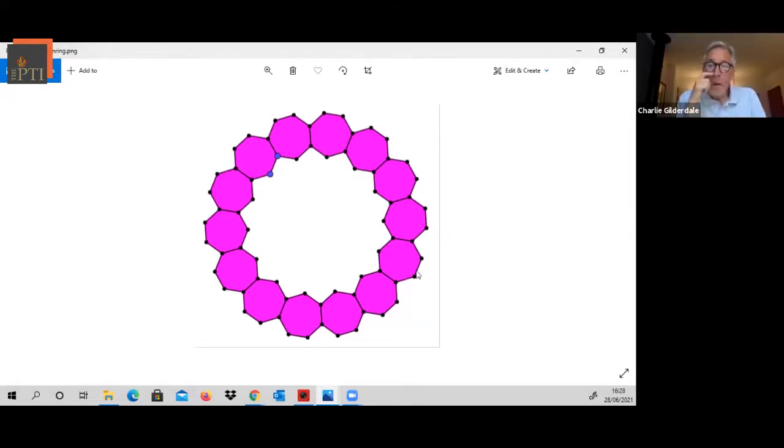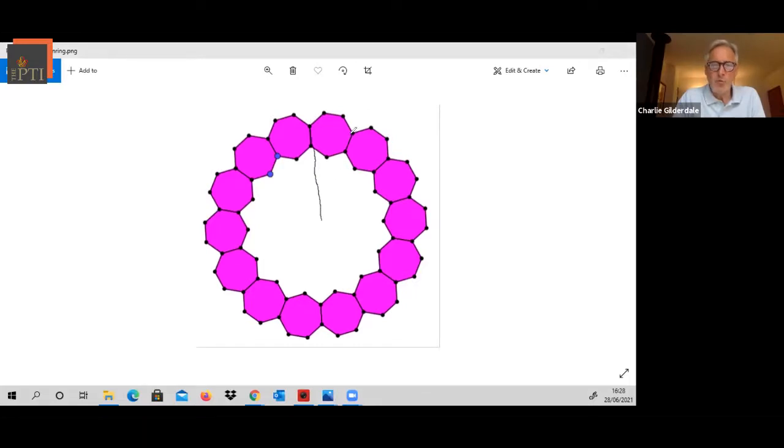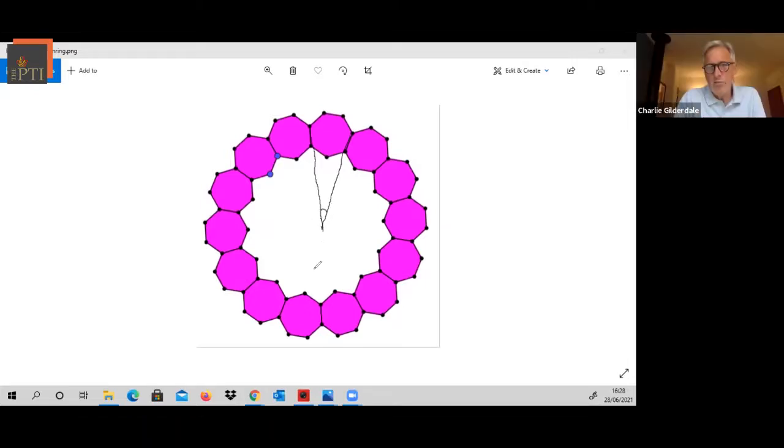Alison, yes, Charlie. Just before you get rid of this image, could you just draw in where your arrowhead would be? Oh, yes, of course. Just to show, for anyone who's wanting to work on this, presumably that angle at the bottom of that arrowhead is 1/14 of 360 degrees.